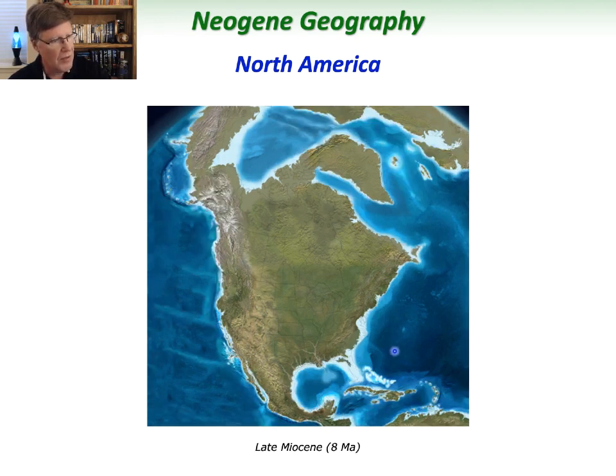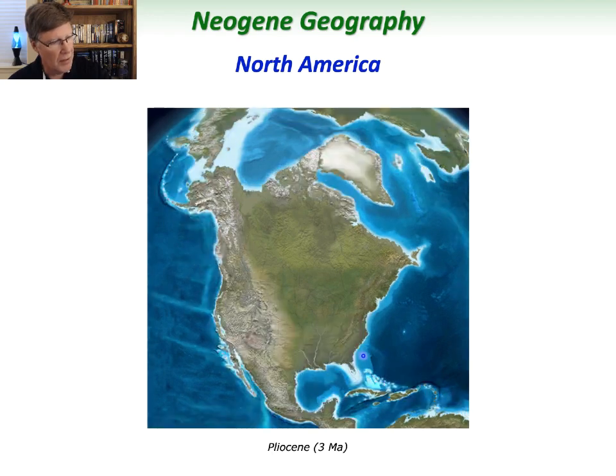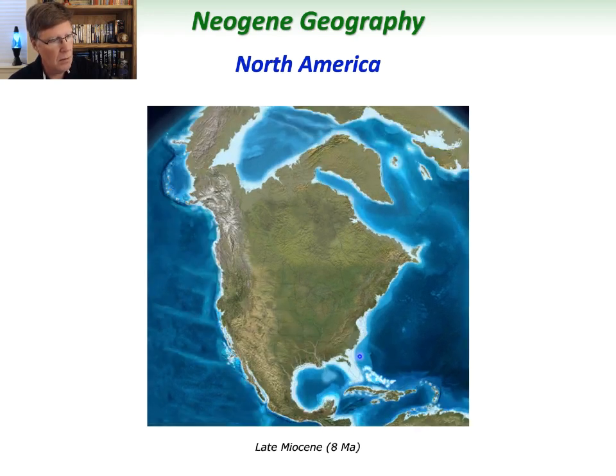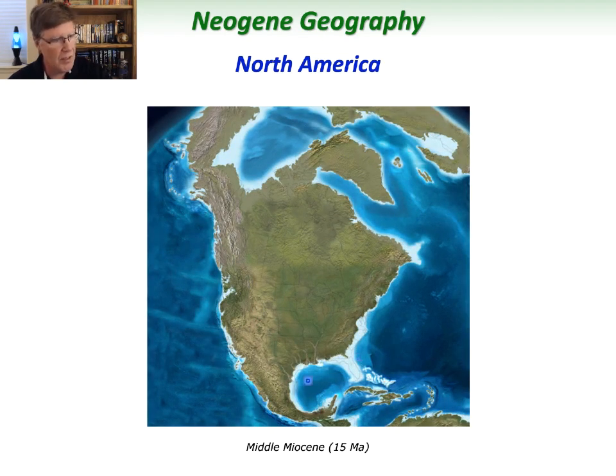So this is middle Miocene, late Miocene, Pliocene. Through the Neogene we're seeing the northwestward translation of the Baja Peninsula as the Gulf of California opens up and there's movement along the San Andreas.